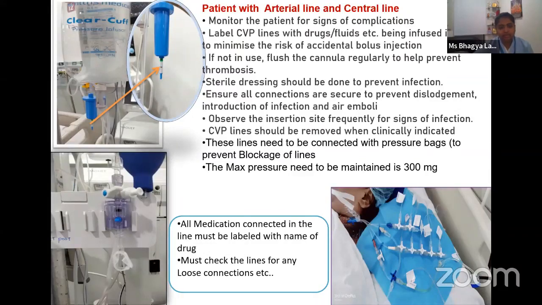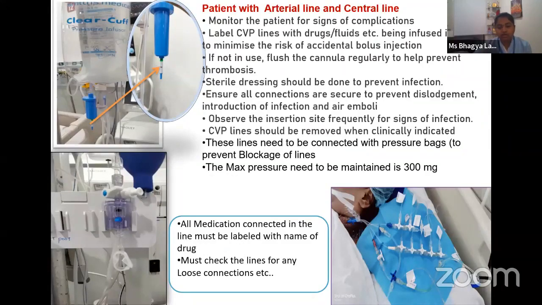without any dislodgement. If you can see the third picture in the slide, there are multiple connectors to the patient, multiple infusions the patient is getting. So each infusion should have a label. Check whether the stop lock is properly opened. It doesn't mean that we connect and put the stop lock in a wrong way. We have to check the moment we connect, starting from the pump to the patient line to the central line, whether it is connected properly, tightly, with no leak and no air.